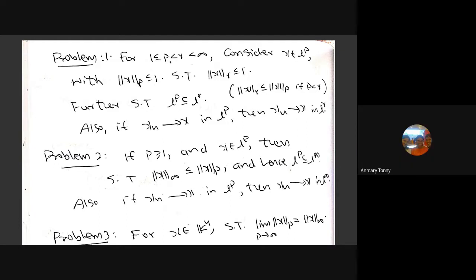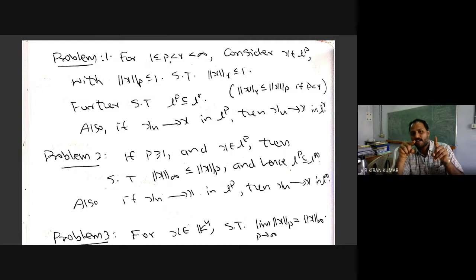Yes. So what I want to say is |x_j|^p will be greater than or equal to |x_j|^r, isn't it? Because once |x_j| is less than or equal to 1, when you increase the power, the quantity decreases, right? For example, 1/2.